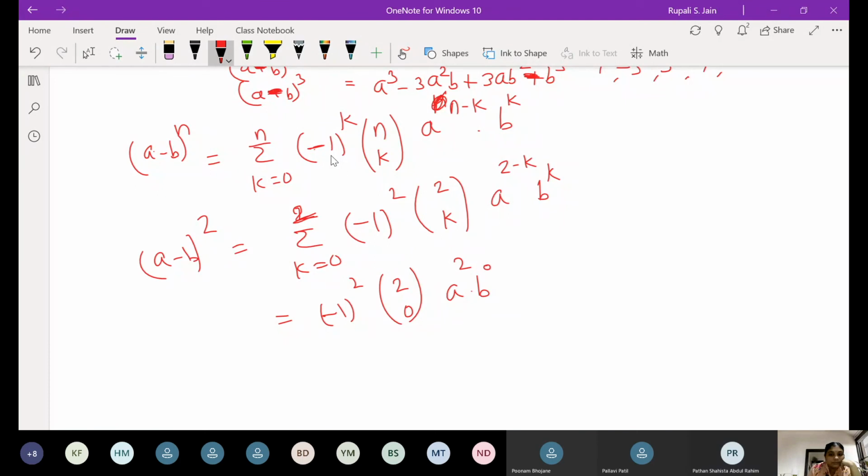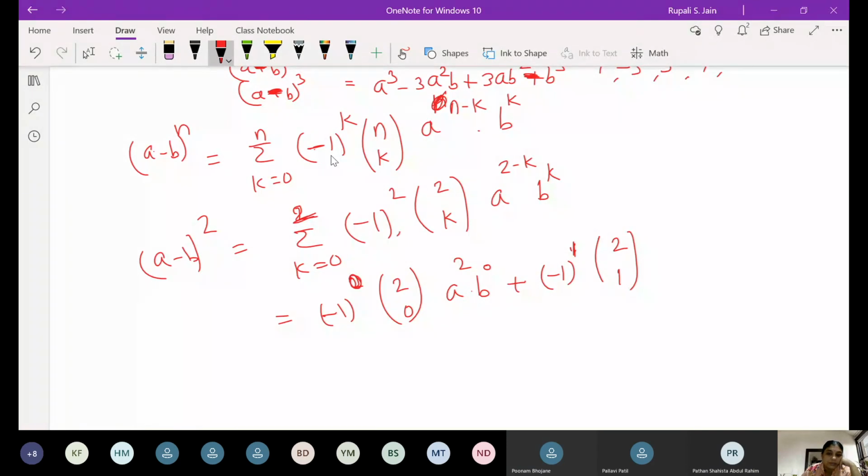Sorry, minus 1 raised to k, I am substituting k now, first term k is 0.